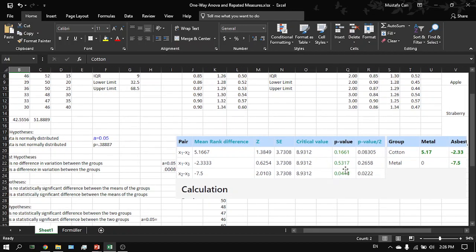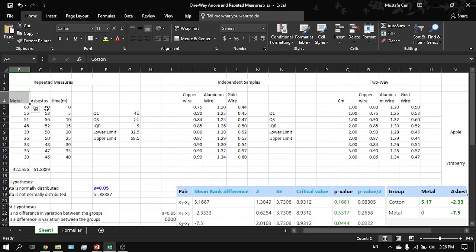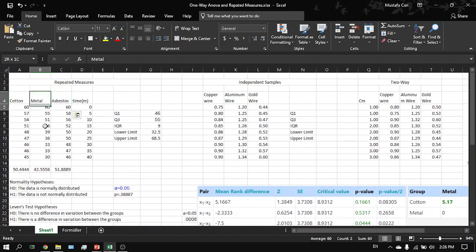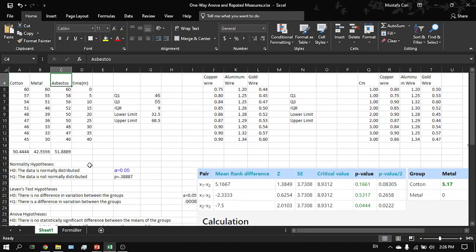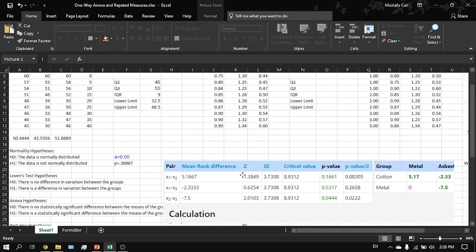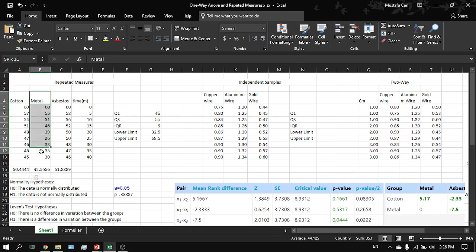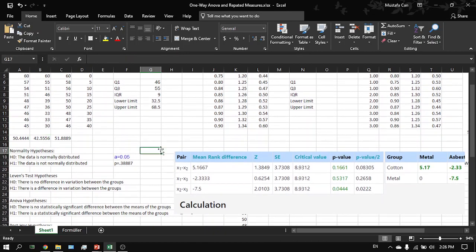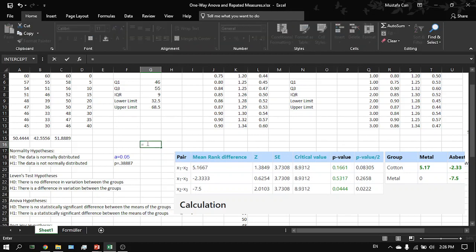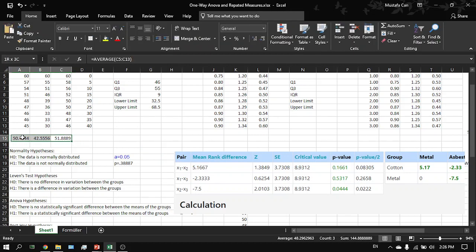So we see that there's a significant difference between group 2 and group 3. Metals have high conductivity, and asbestos has really low conductivity. So this is what was expected. But the interesting part is cotton and metal don't have significant enough results, so we cannot say these two are significantly different.